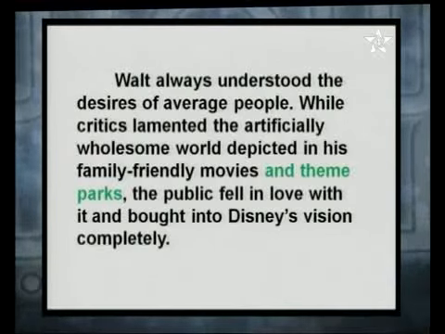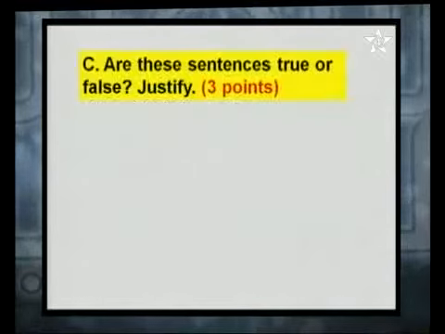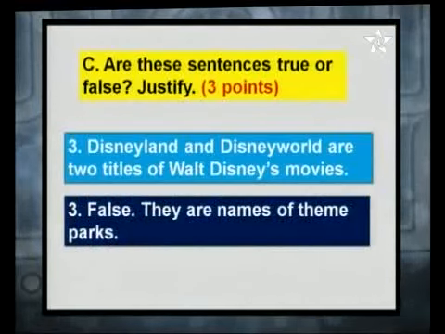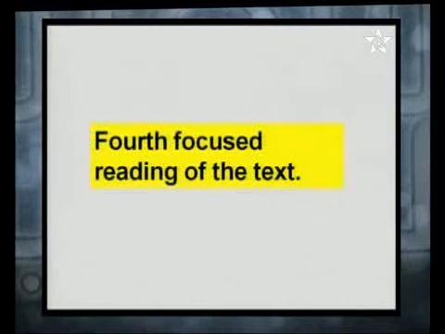It says, and theme parks. So, Disneyland and Disney World are not names of films, but they are names of theme parks. They are names of theme parks. So it's a false. Please remember, false or true, always try to find the justification for your answer in your text. Okay? Thank you.